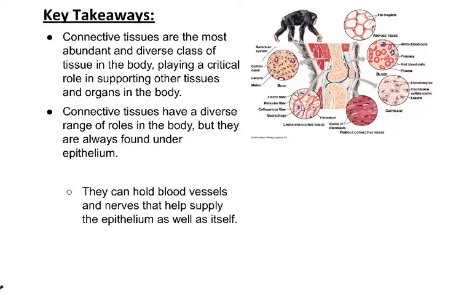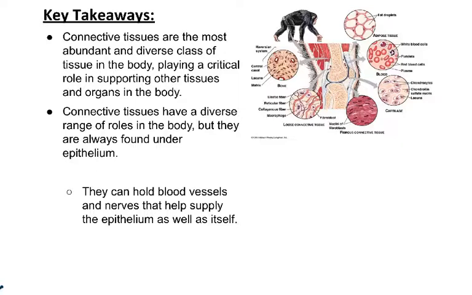Because they're so diverse, they fulfill a diverse range of roles in the body. But ultimately, there are a few things all connective tissues have in common. One, they're never the closest to the surface, to the outside. There's always a layer of epithelial tissue between connective tissues and the outside.